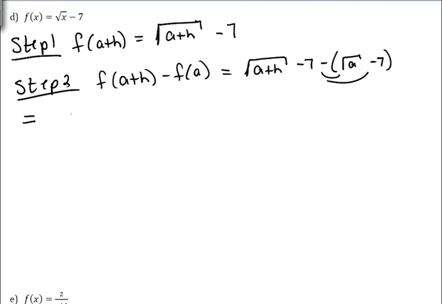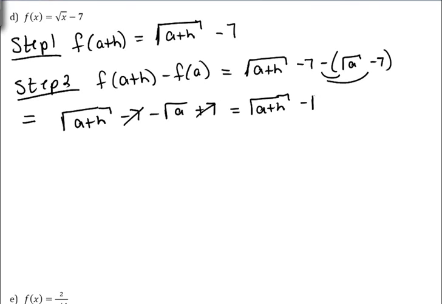Distributing this negative sign gives us the square root of a plus h minus 7 minus the square root of a plus 7. So the negative 7 and positive 7 cancel, and that leaves us with the square root of a plus h minus the square root of a.